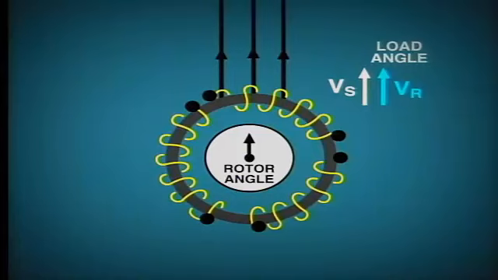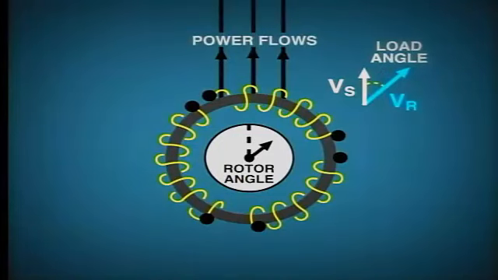If we wish to increase the load output from the unit, we add more energy to the prime mover. This initially accelerates the rotor so that it moves ahead in phase. There is now a power angle or load angle created between the rotor and the stator voltage. This in turn causes power to flow from the generator into the system.